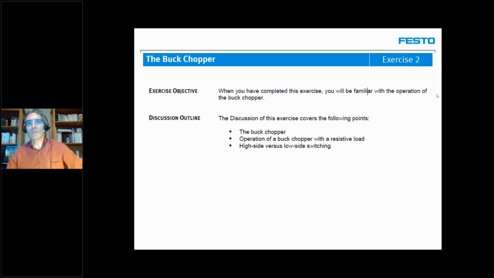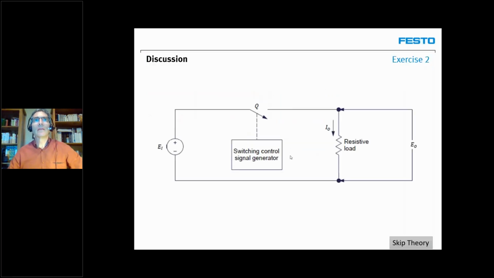Then I might move to exercise 1 of AC power electronics. So don't worry about the numbering here. So the buck chopper, we will discuss what it is, how it can be implemented, and we will see how to operate it with a resistive load. We will see it hands-on with the system. The last portion of the exercise that is part of the manual will not be done tonight.